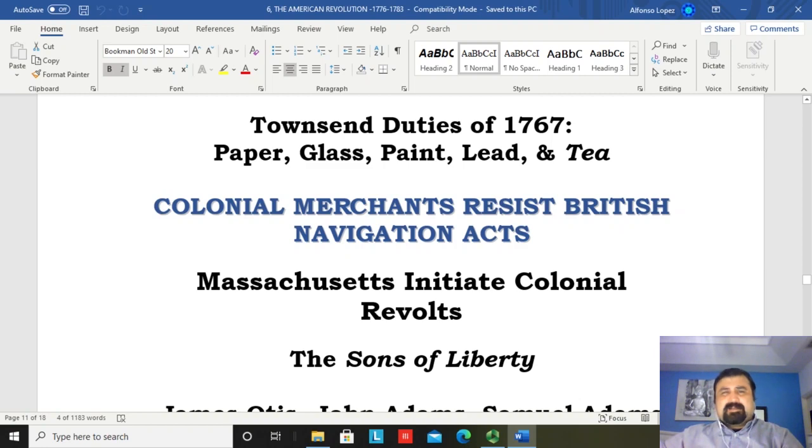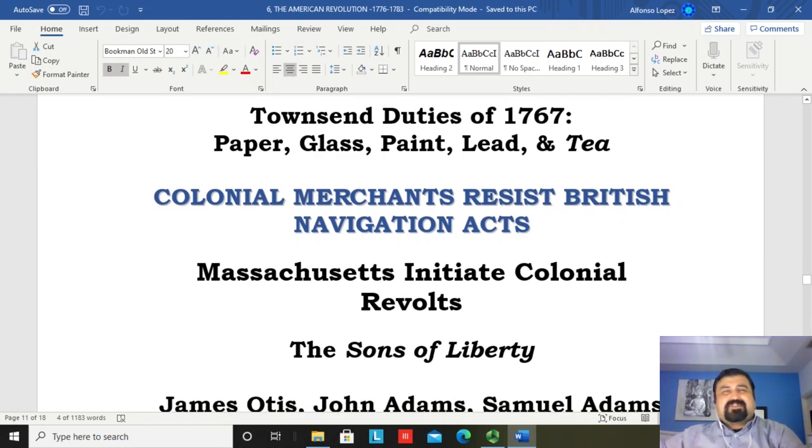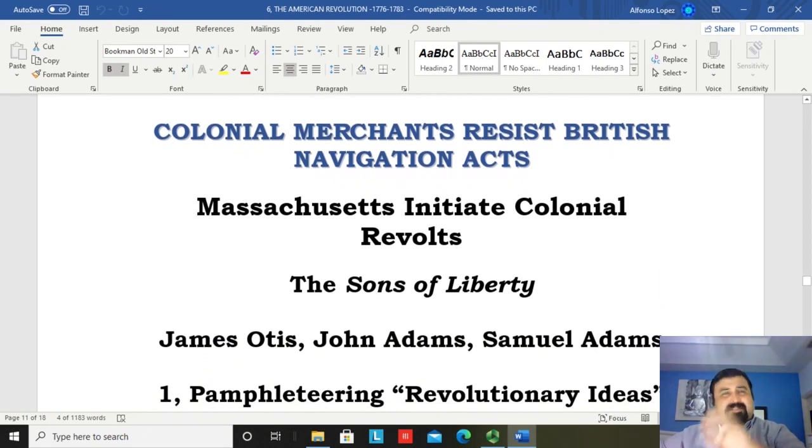Okay, so again, this is really going to just simply escalate the tensions, as we'll see year by year. From this point onwards, the colonies are going to be now moving closer and closer, slowly but surely, again, to the point of independence itself.